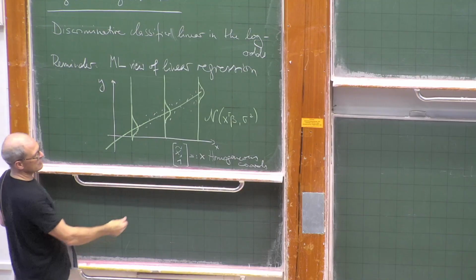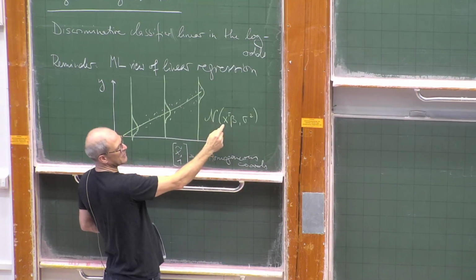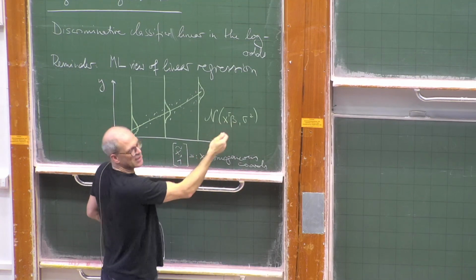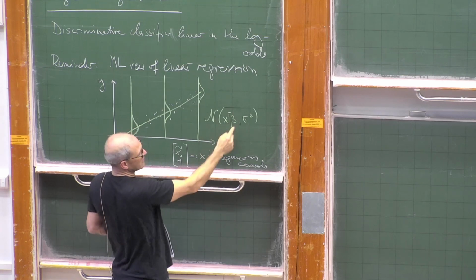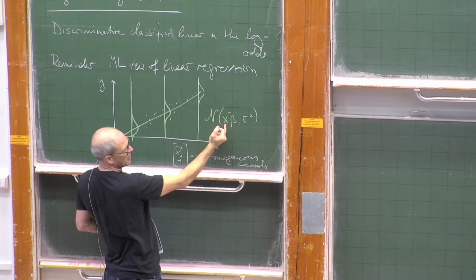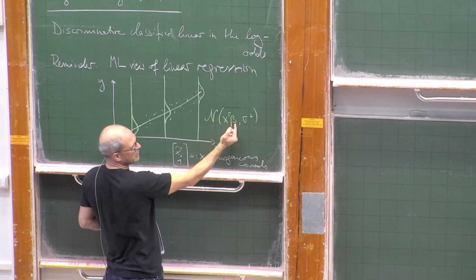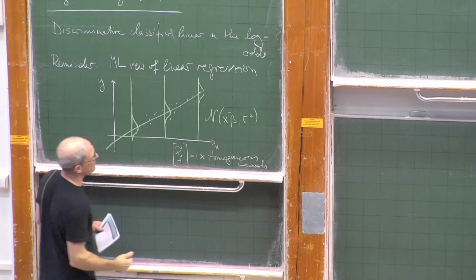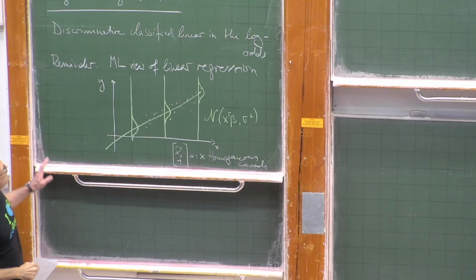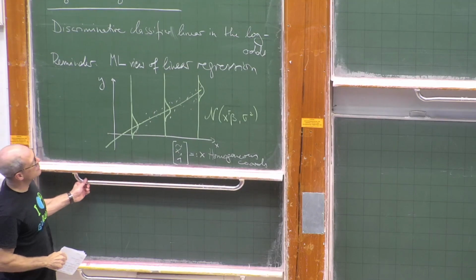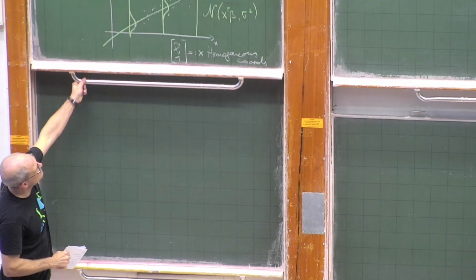I'm doing it so that I don't need to write equations like x transpose beta plus intercept. It's integrated by having an extra dimension, which is constant 1, and an extra parameter in this vector, the intercept. Okay, so this was the ML view of linear regression, all fine.